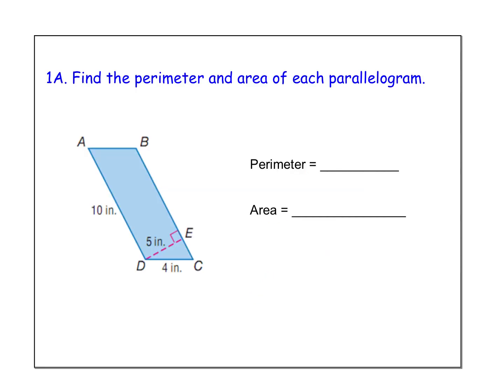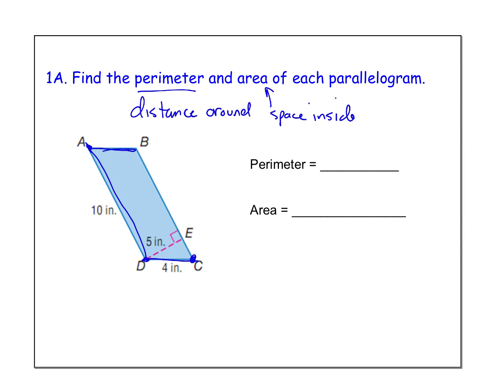Okay, so now, if I look here, I'm looking to find the perimeter and the area. Perimeter just means your distance around, and area is going to be the space inside. So if I start here at point C, I go 4 inches, walk up here, I go 10 inches, I come back this length, that's another 4 inches, and I come back down, another 10 inches.